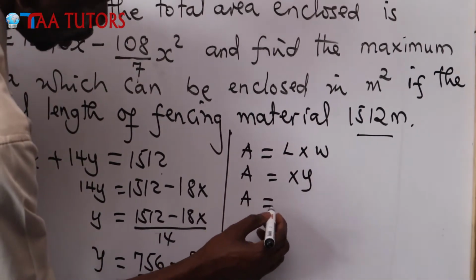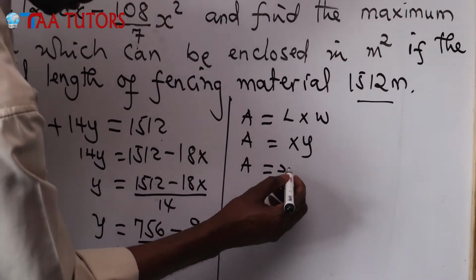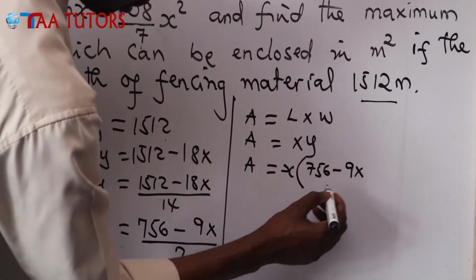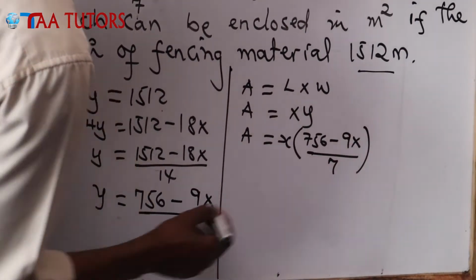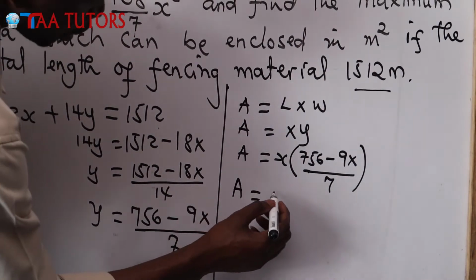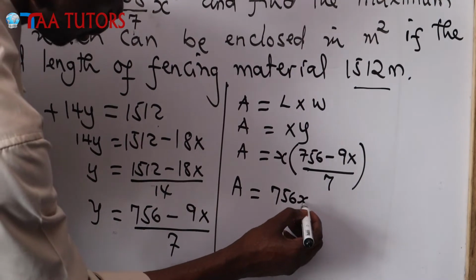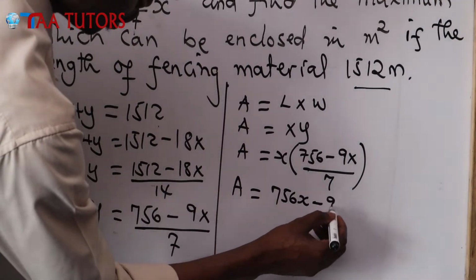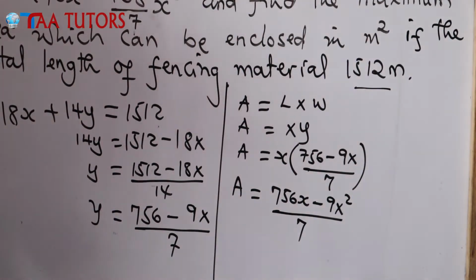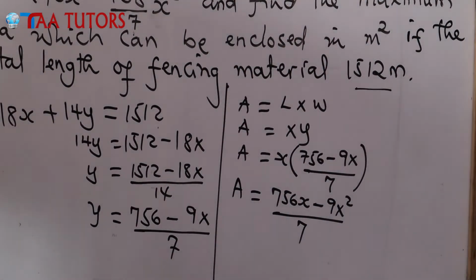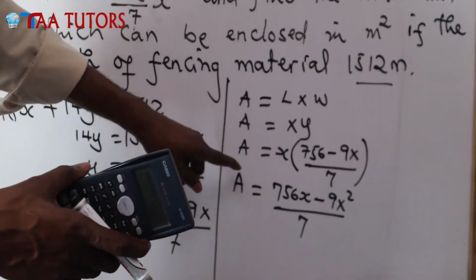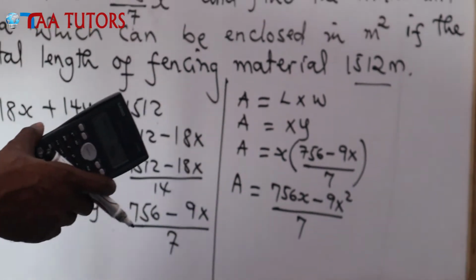So let's substitute y here, and we'll get x into 756 minus 9x over 7. If you open this bracket, area will be 756x minus 9x squared over 7. So that is what we have as area. The area that we have here is the area of the one small rectangle.